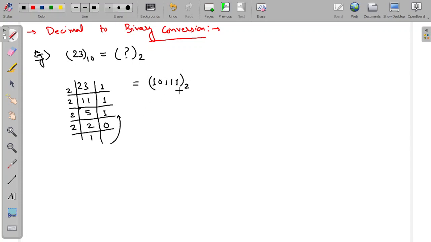This can also be verified, if we start from here, the least significant bit: 1 into 2 to the power 0 plus 1 into 2 to the power 1 plus 1 into 2 to the power 2 plus 0 into 2 to the power 3 plus 1 into 2 to the power 4.